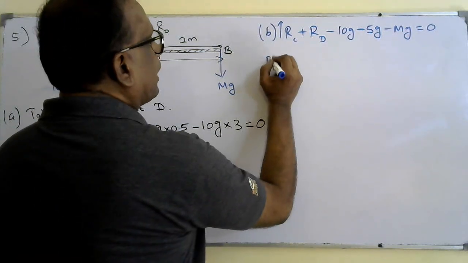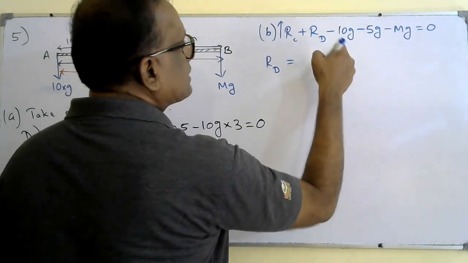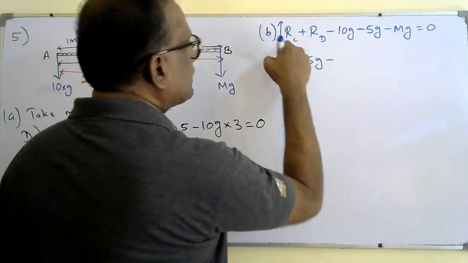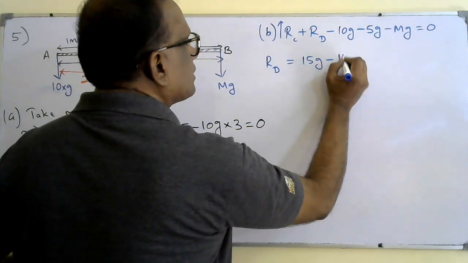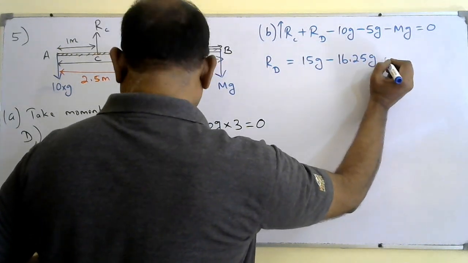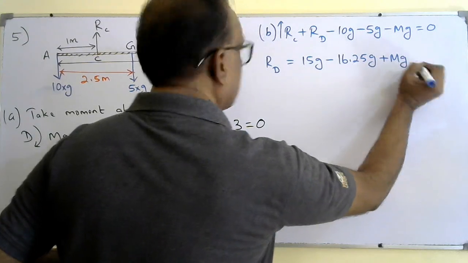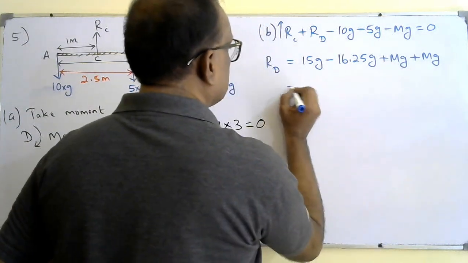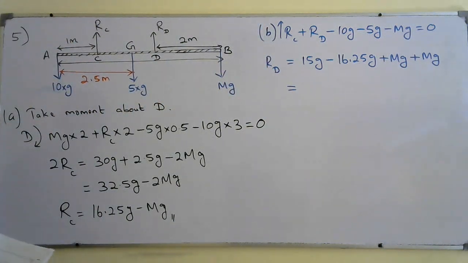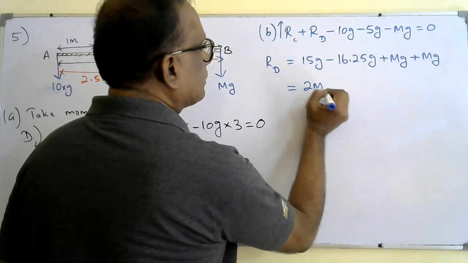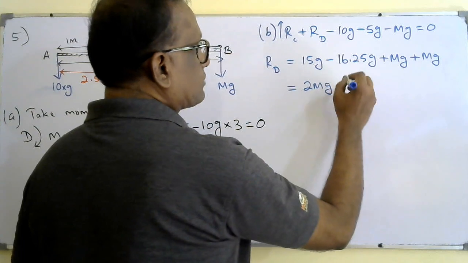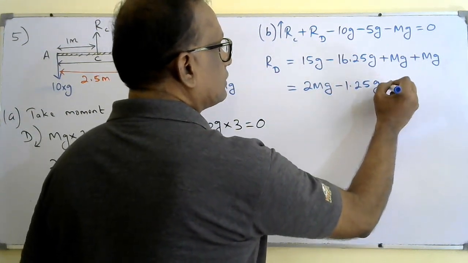That is going to be RD equals, take to the right side, 10G plus 5G, 15G minus RC, that is 16.25G minus mg, so plus mg. So that's going to be 2mg minus mg plus mg, 2mg, minus 16.25G plus 15G, that is 1.25G, that is the RD.